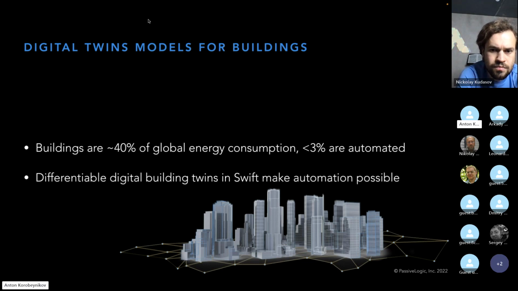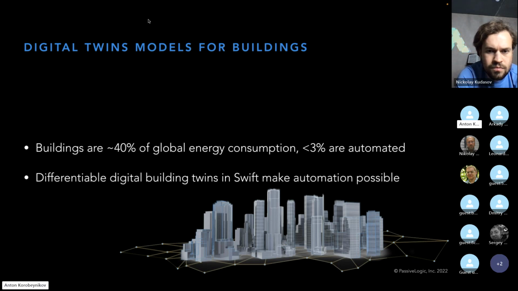These days, one possible application for differentiable computing is the ability to build proper digital twin models. My example is from a company called PassiveLogic, and they provide digital twin models for buildings. The motivation is that buildings contribute a lot to global energy consumption.